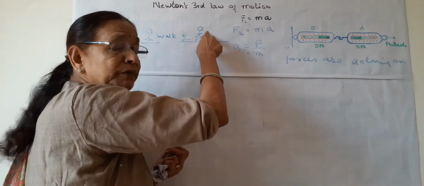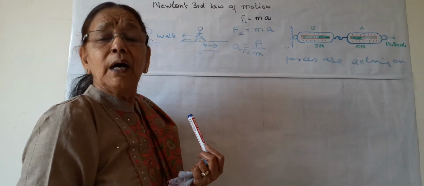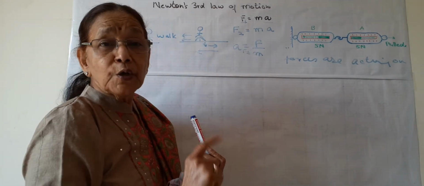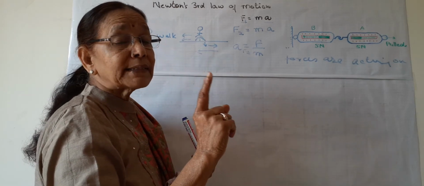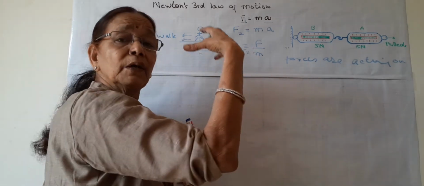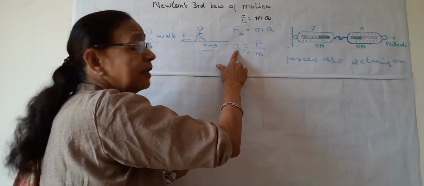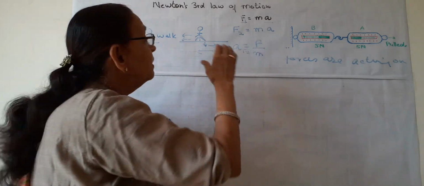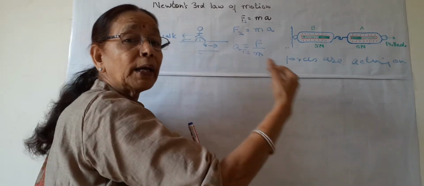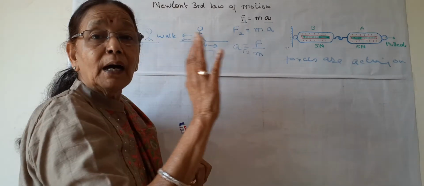As the mass of the boy is very small in comparison to the earth or road, the boy's acceleration will be very high. But the mass of the earth is many times more than the boy, so the earth's acceleration will be very small. So the boy can walk, move and accelerate, but not the earth.